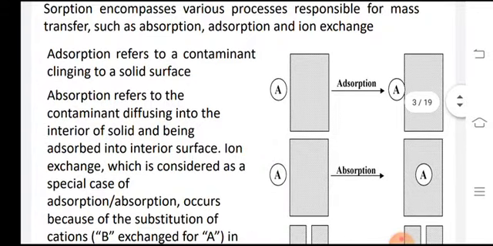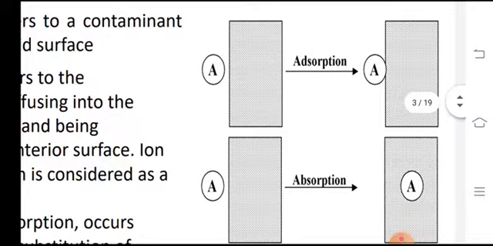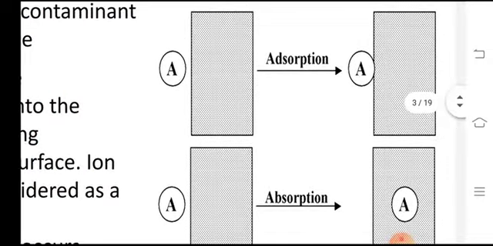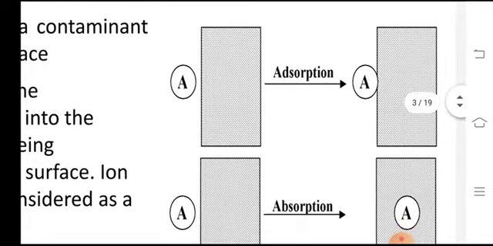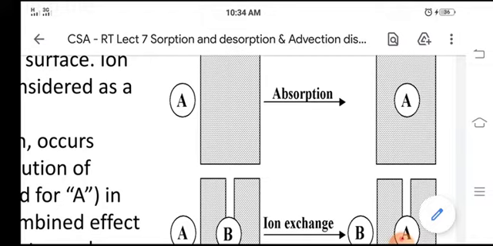If you see this picture, you can easily observe that this A, which is a solute, when it comes in contact with the solid phase, it gets attached to the solid phase in the case of adsorption. While in the case of absorption, our solute is completely entering into the surface of that medium.